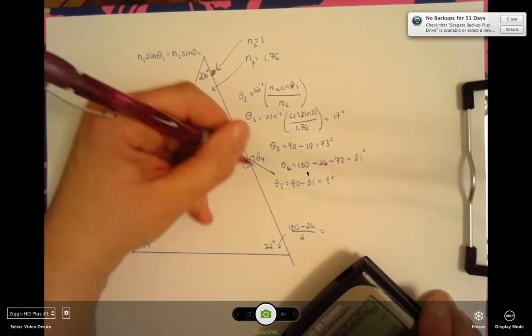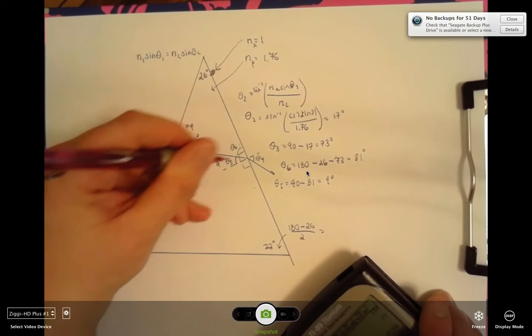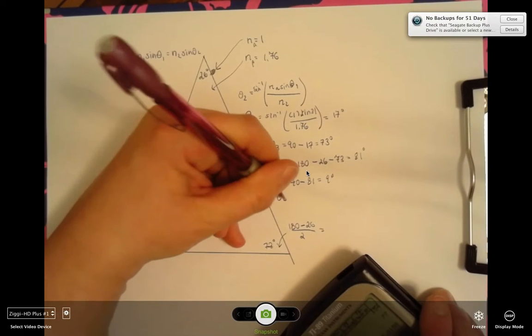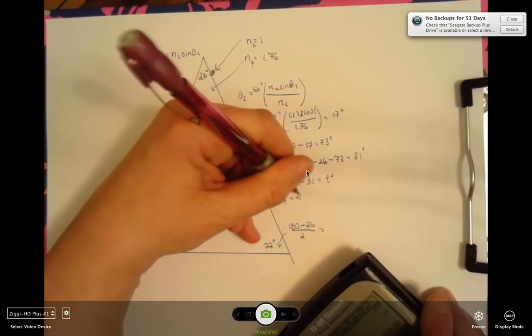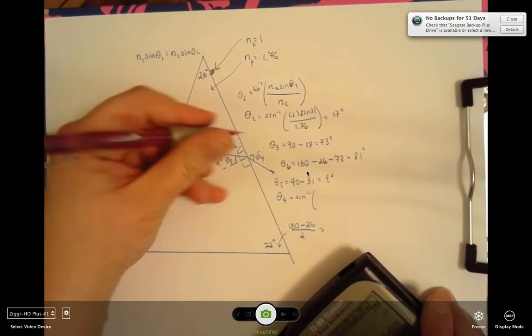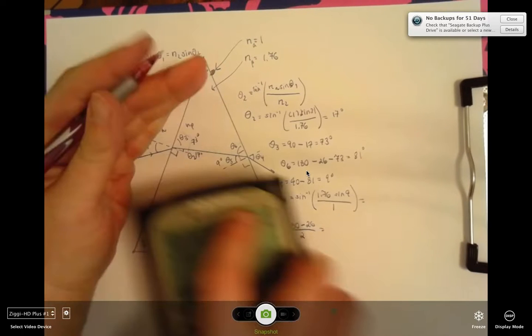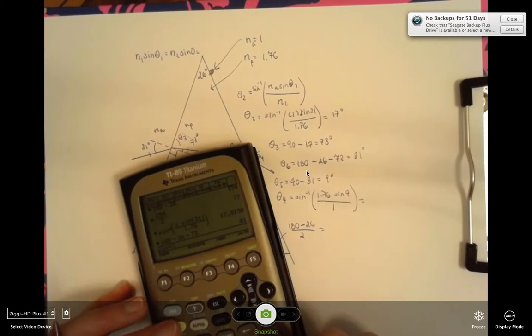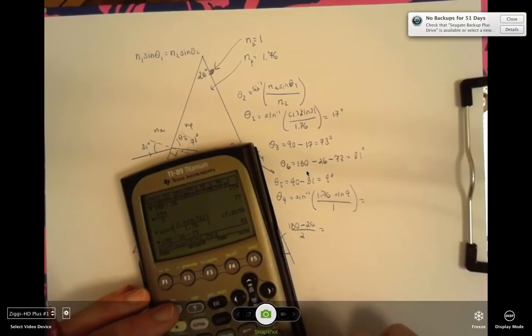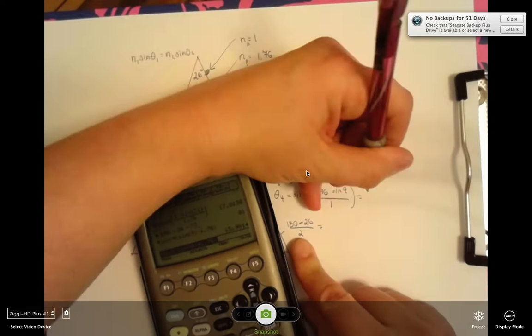So this is now our new incident angle on the way back out. So theta 4 is going to be the inverse sine of 1.76 times the sine of 9 divided by n air, which is 1. Inverse sine of the sine of 9 times 1.76 will give us 16 degrees.